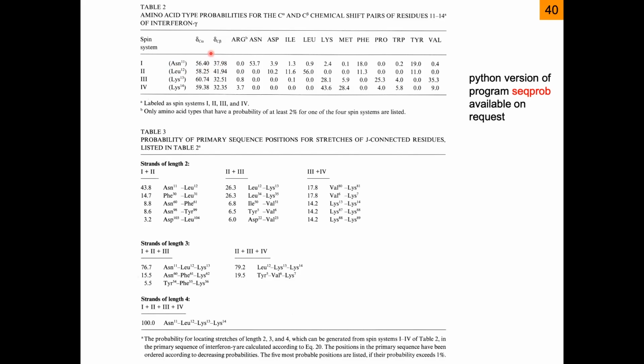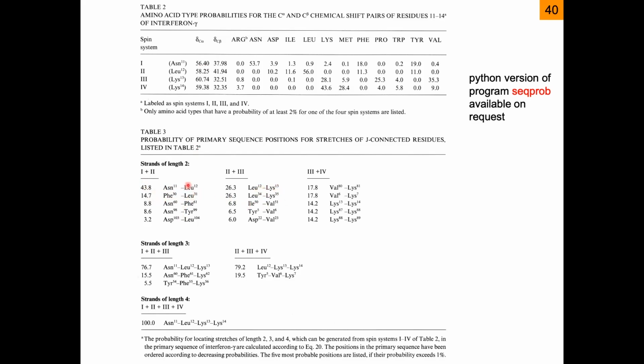What goes in now in this procedure is the information that is in the primary sequence, not only these overlaps. And then you see, for example, if I do this for this stretch 1 and 2, then I have 44% probability that the location asparagine 11, leucine 12 is found, and 15% that it's phenylalanine 30 to leucine 31. And for the other strands of length 2, it's also about this.